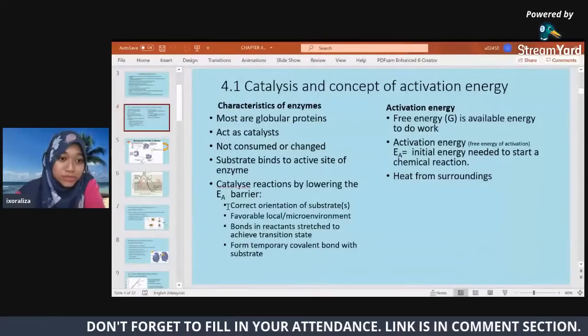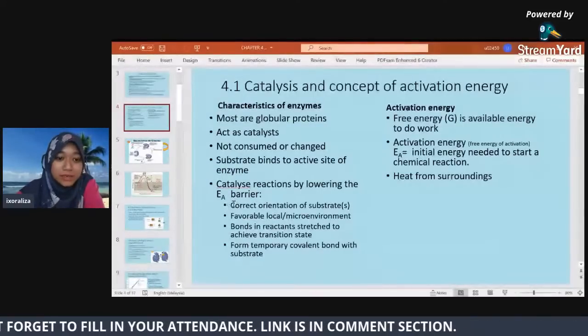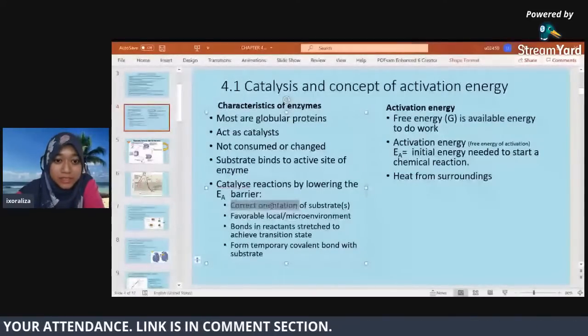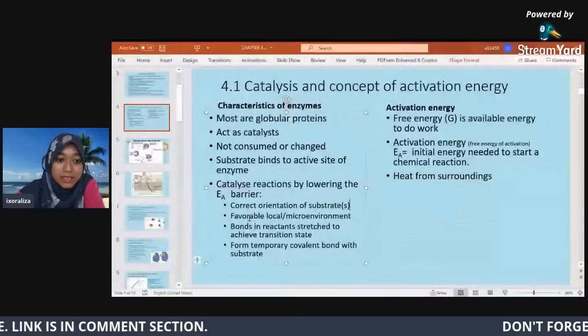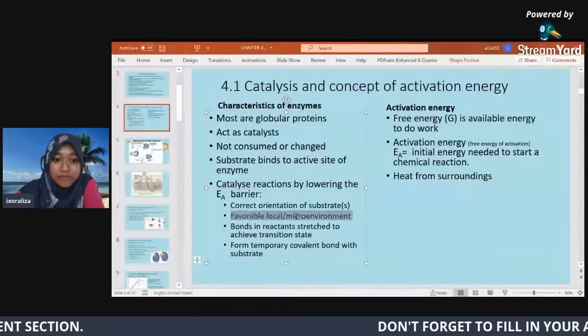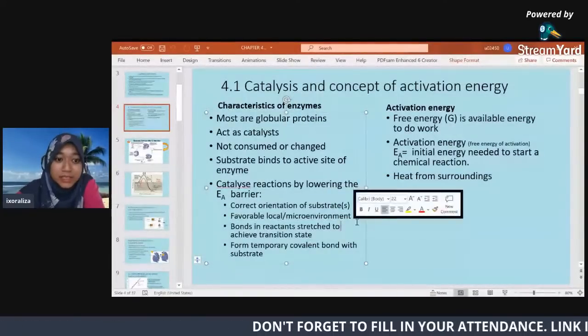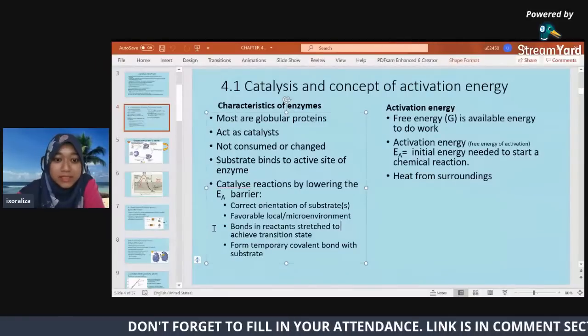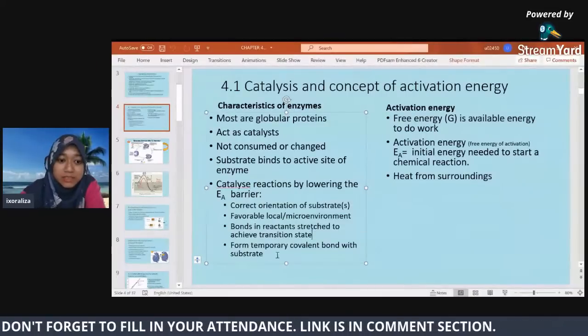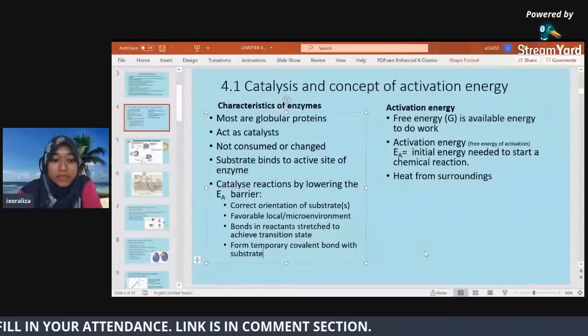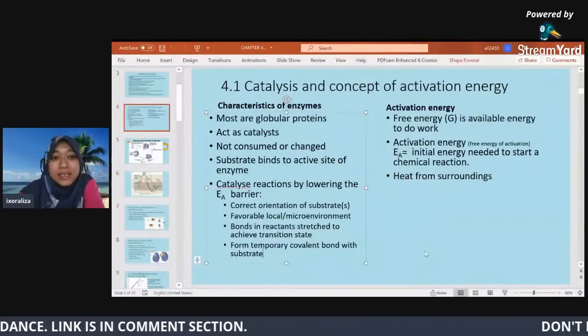You can write down: it has the correct orientation of substrate. It has a favorable microenvironment, bonds in the reactant stretch to achieve the transition state, and it forms a temporary covalent bond with the substrate.